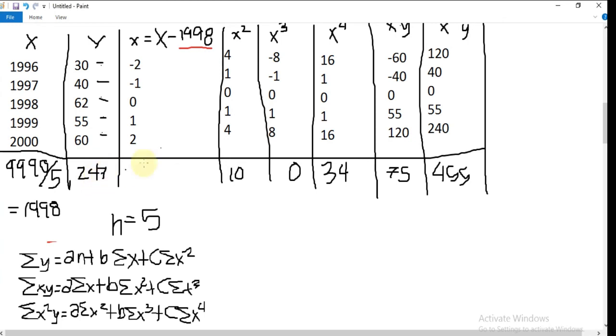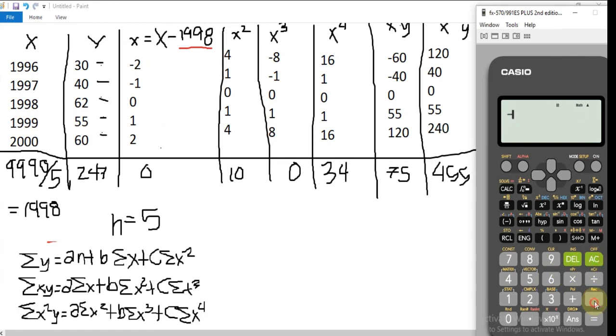The sum of x is 0: negative 2, negative 1, plus 0, plus 1, plus 2.